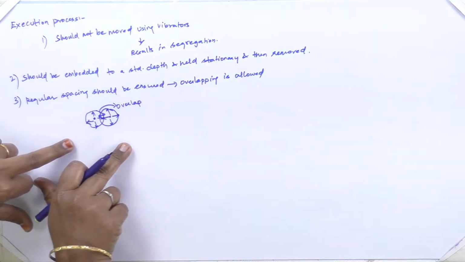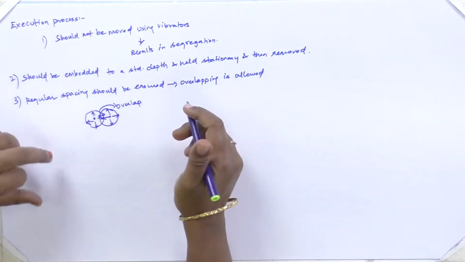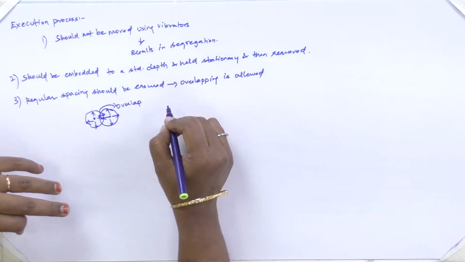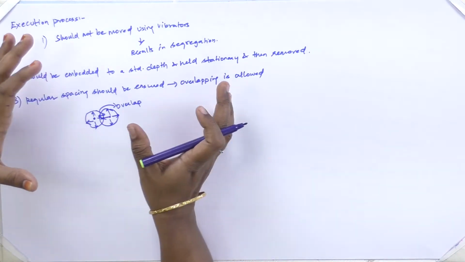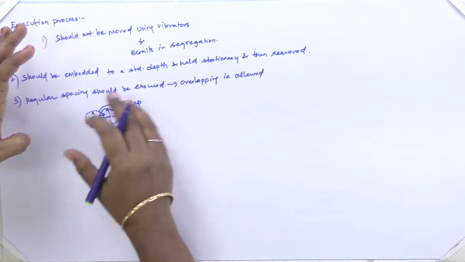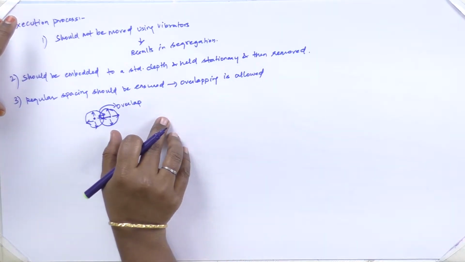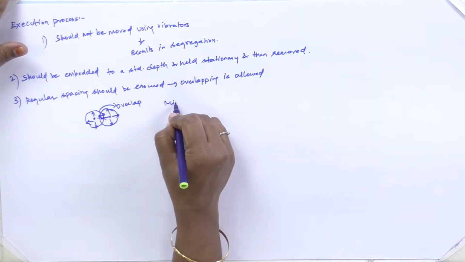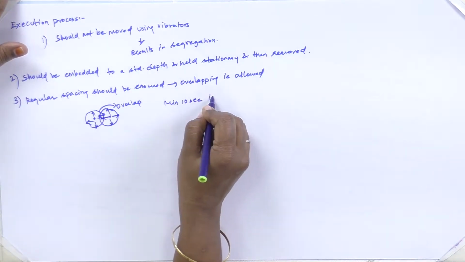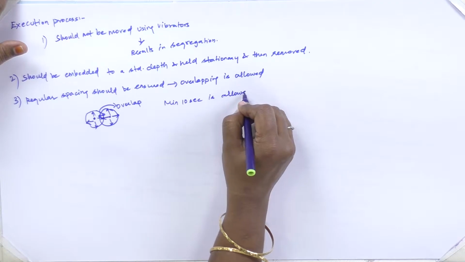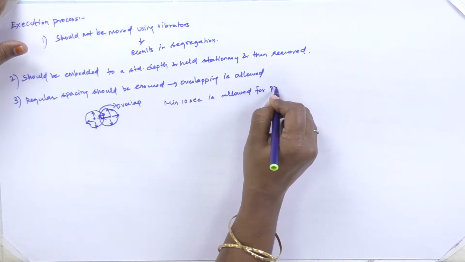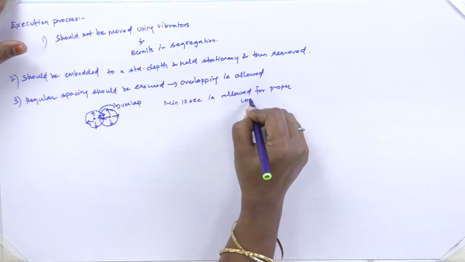This overlap ensures proper compaction. My particles can get rearranged accordingly when this overlapping is allowed, and a minimum of 10 seconds is allowed for proper compaction.